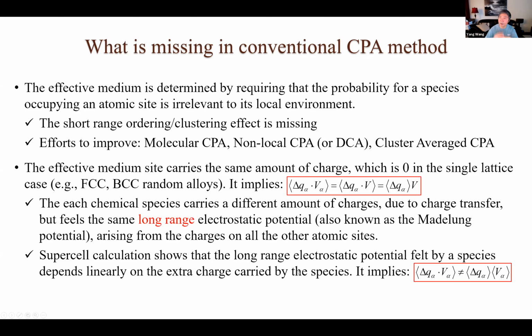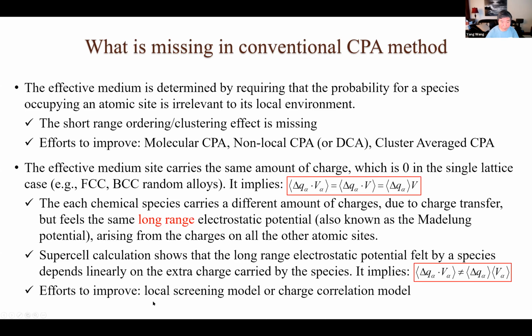Because within a CPA approach, each atom will feel the same potential from the long-range interactions, but that needs to be corrected. So efforts to improve this are called the local screening model or charge correlation model. They assume that a given atomic species has its charge completely screened by the nearest atoms.